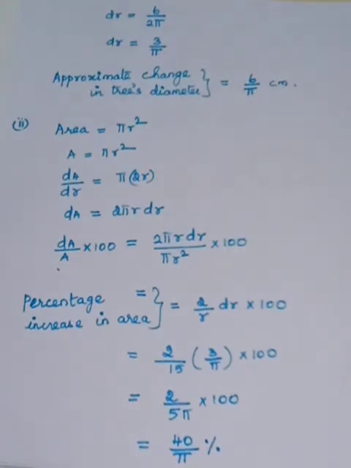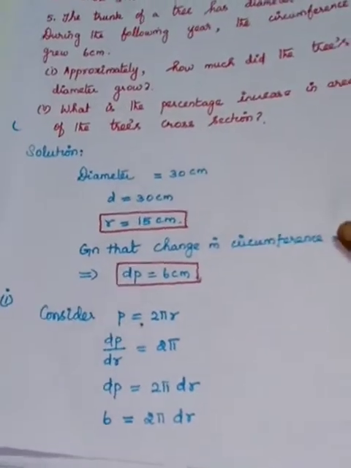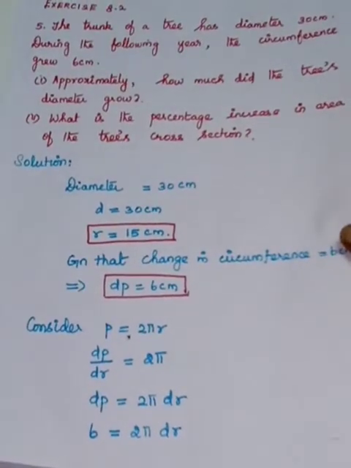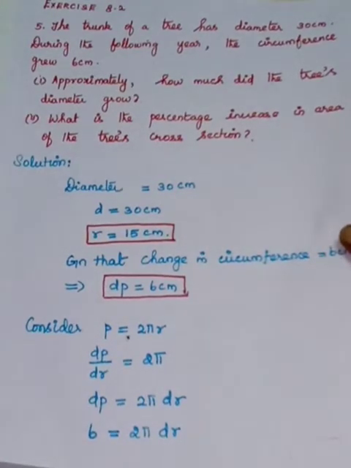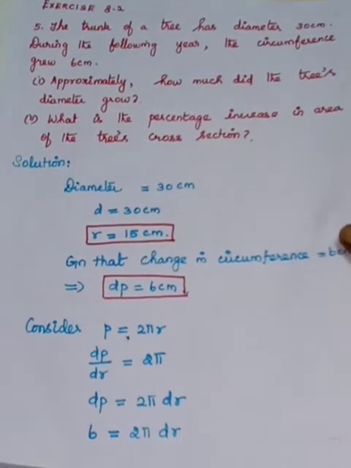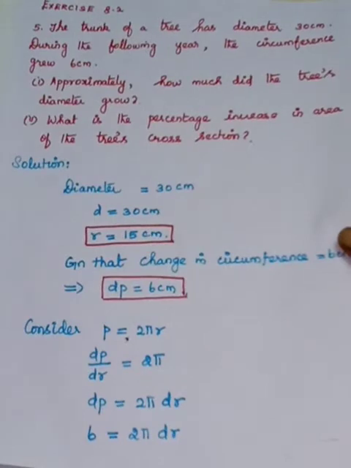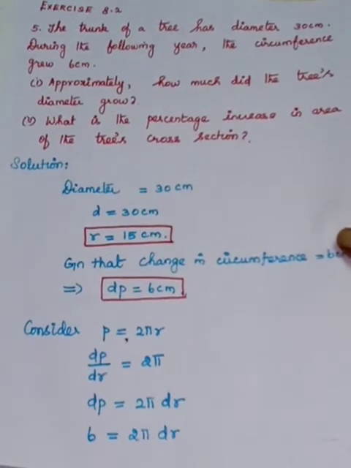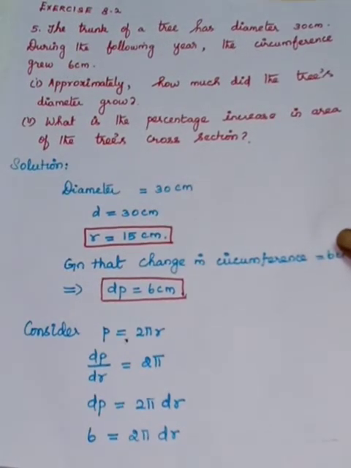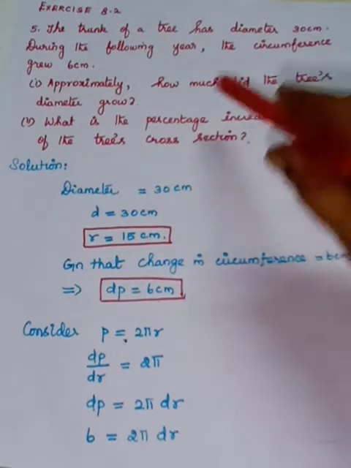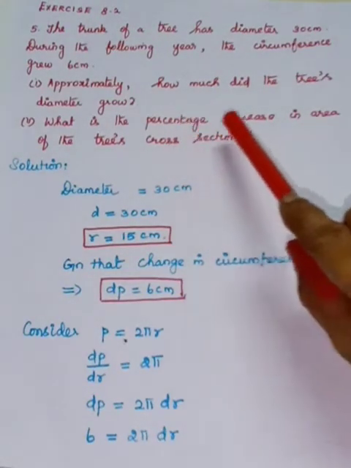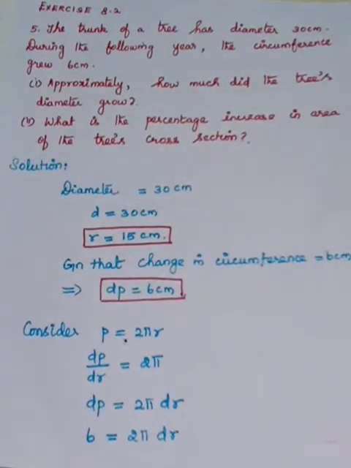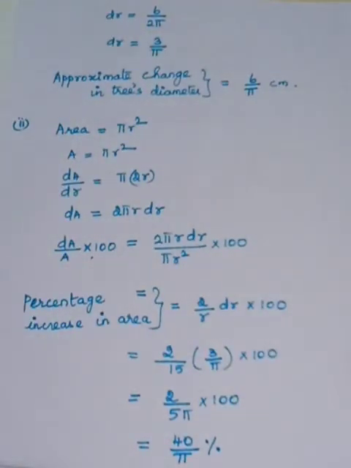See, come to the second subdivision. What is asked? What is the percentage increase in area of the tree's cross section? So we have to find the percentage increase in area. The cross section is in the form of a circle.